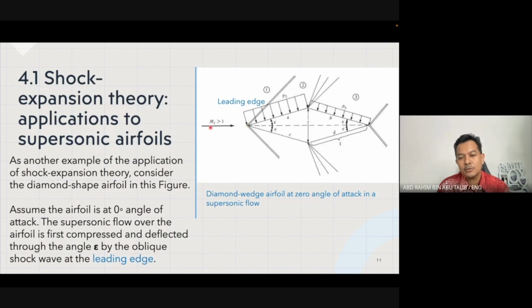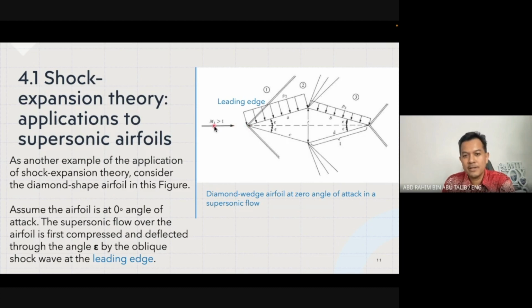Compared to the flat plate just now, which is at an angle alpha, for the diamond wedge airfoil we consider the shape to travel at an angle of attack of zero.